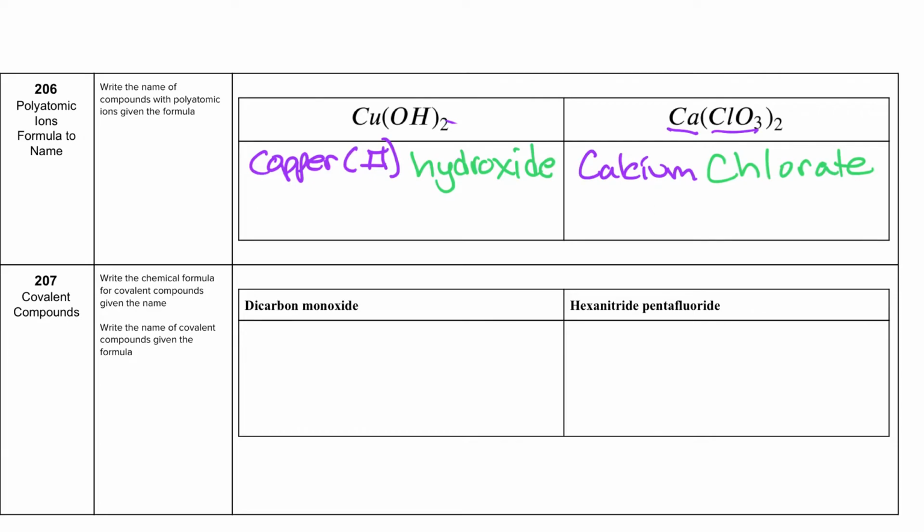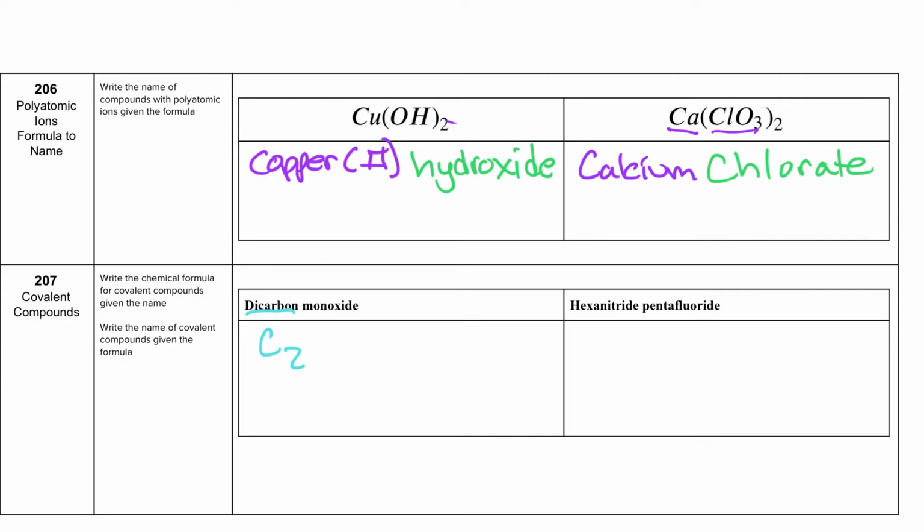Now, with lesson 207, we moved on to naming covalent compounds. So for covalent compounds, we use those prefixes, mono, di, tri, tetra, etc., in order to name our compounds. So dicarbon monoxide. Dicarbon, di means two, so C2.